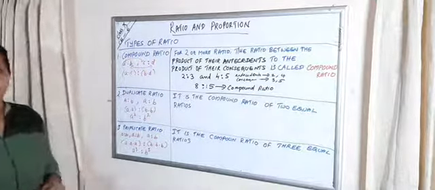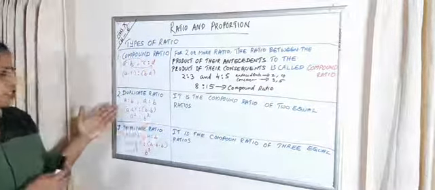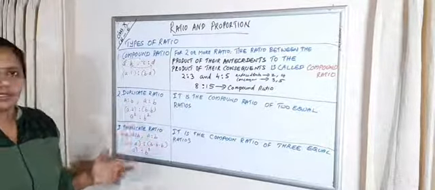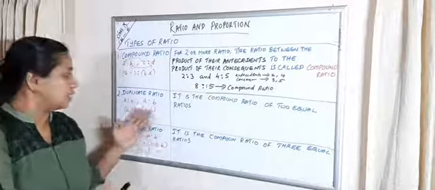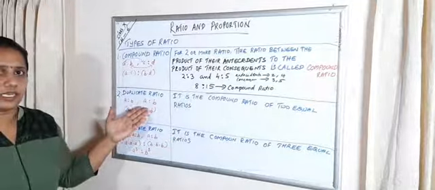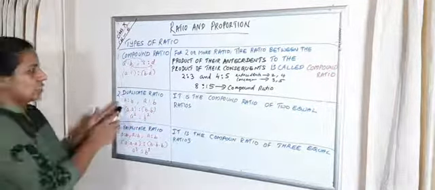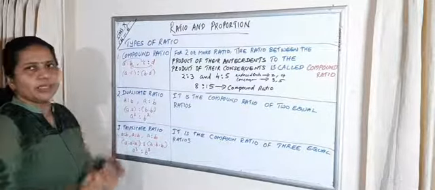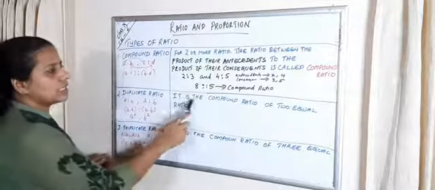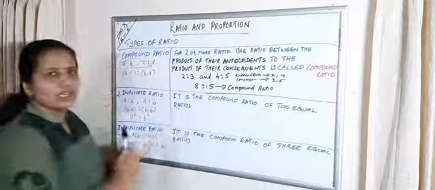Next one, duplicate ratio. Duplicate means if A is to B is a ratio and another A is to B, equal ratios. Both ratios are the same, A is to B, A is to B. It is the compound ratio of two equal ratios.